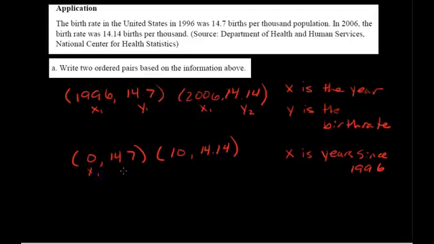So this would be our x, and this would be our y. If you're going to change the x values, we have to make sure that we're defining it so that the reader understands exactly what we've done. Hopefully you're with me so far. So y is still the birth rate, but now x is years since 1996.